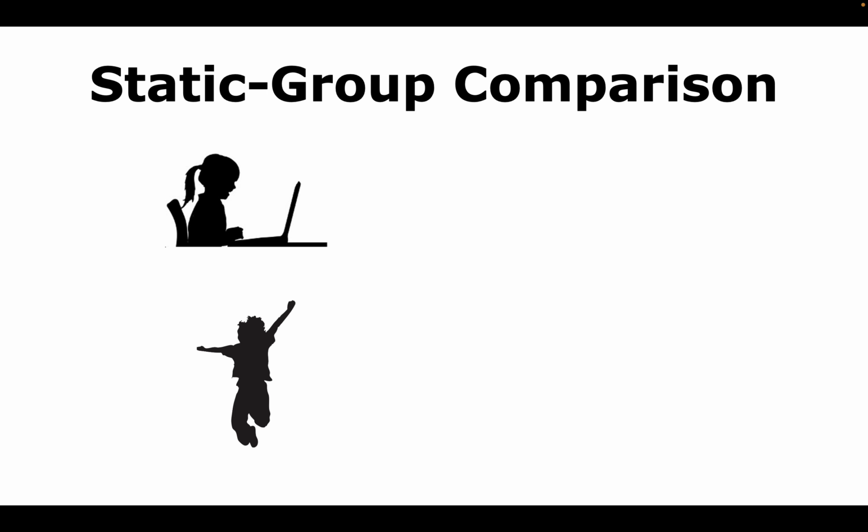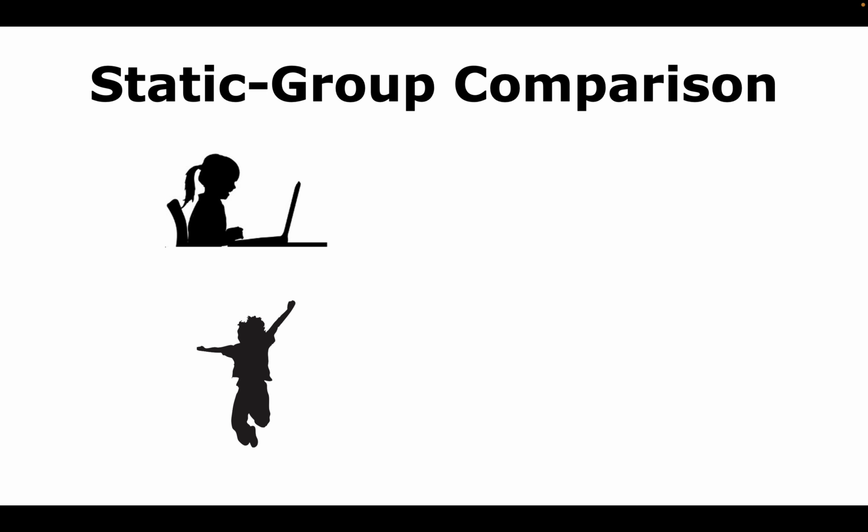So they're non-equivalent. And my two icons there represent perhaps a class of students who are given AI tools, and a class of students, indicated by the student who's just got their hands in the air jumping for joy because they're not tied to technology chains in the classroom. That would be the non-AI group.